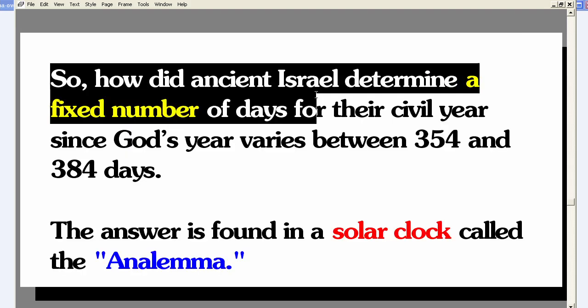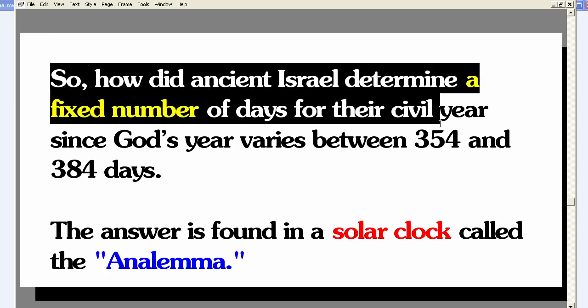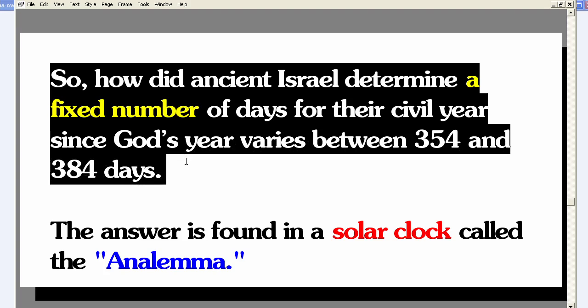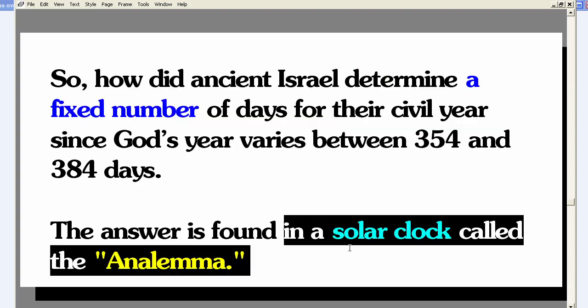So how did ancient Israel determine a fixed number of days for their civil year, since God's year varies between 354 and 384 days? Well, the answer is found in a solar clock called the Analemma.